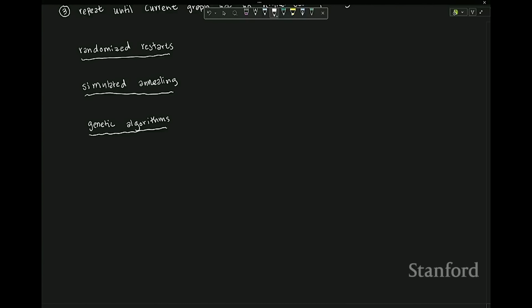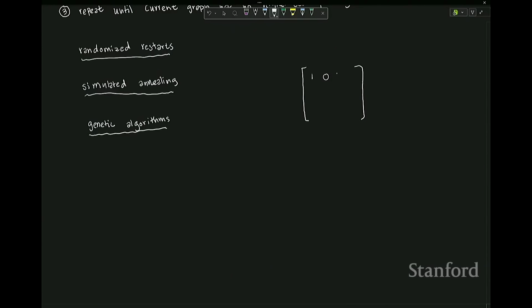Yes? So like in this context, how do you combine two graphs together to make a new one? Great question. So let's say that we have our initial matrix, and I'm going to have these be really simple. If we have 1, 0, 1, 0. And suppose that we're reproducing. It needs to be a square.